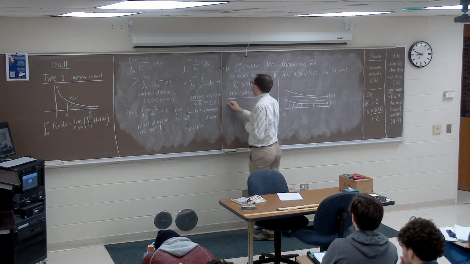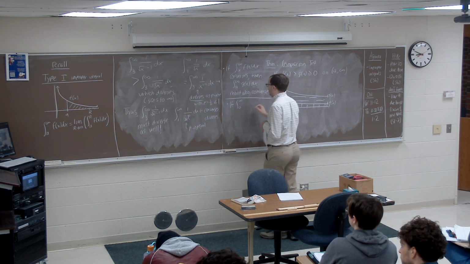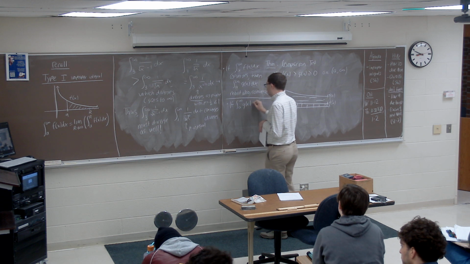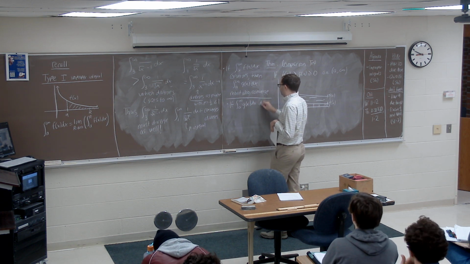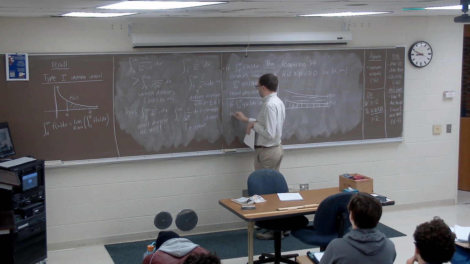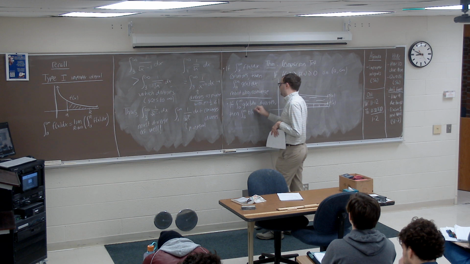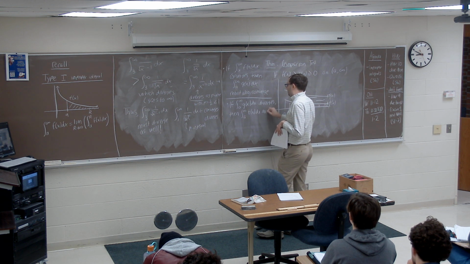And similarly, we can say if the integral from a to infinity of the smaller area diverges, then the integral from a to infinity of the larger area must also diverge.